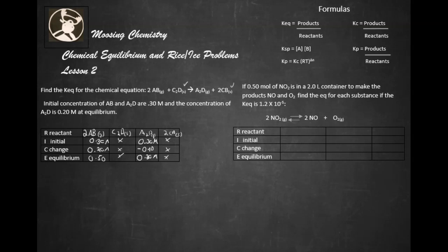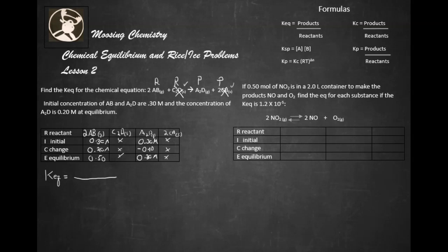Okay, now let's do the Keq. So the Keq of this particular one, remember it's products over reactants. So here's our reactant, this is a reactant, this is a product, this is a product. But we can't use this one because it's a solid, and we can't use this one because it's also a solid.